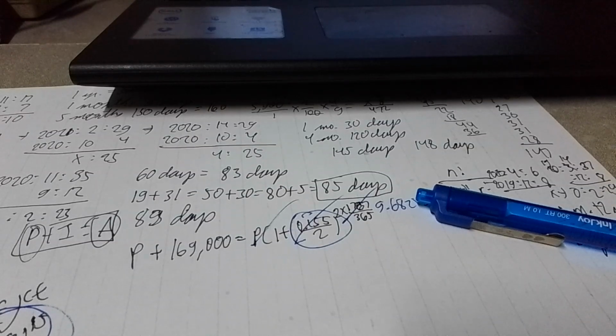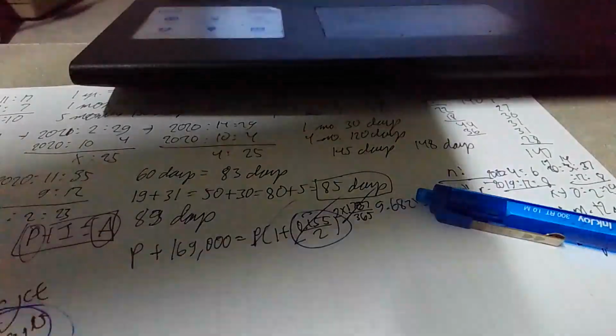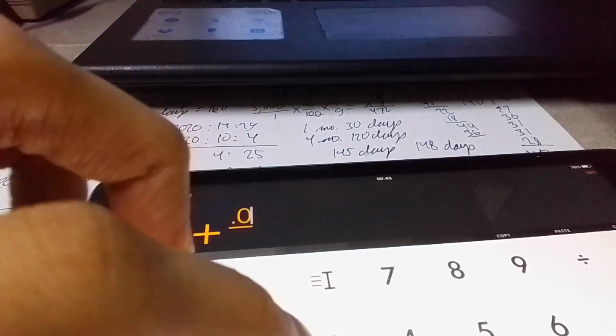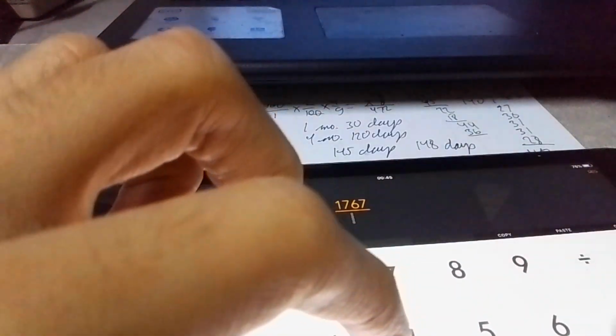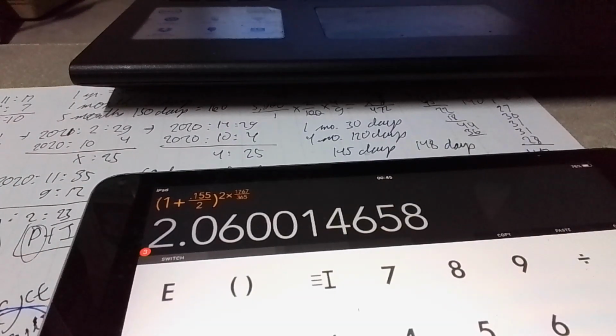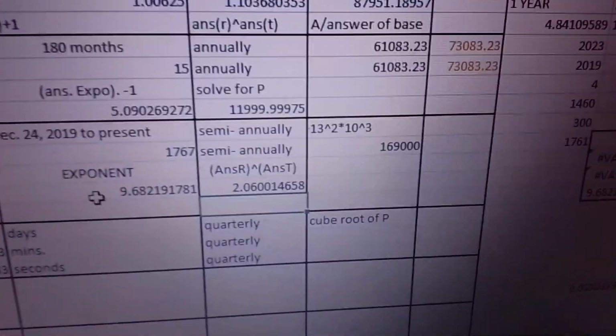Okay? So, kung mag-type dito sa calculator, di ba, remember, this is what's gonna happen. So, we have 1 plus 0.155 divided by 2. And then, we're raising that to the 2 times the 1767 divided by 365. Do we still get the same answer? Yes, we did.